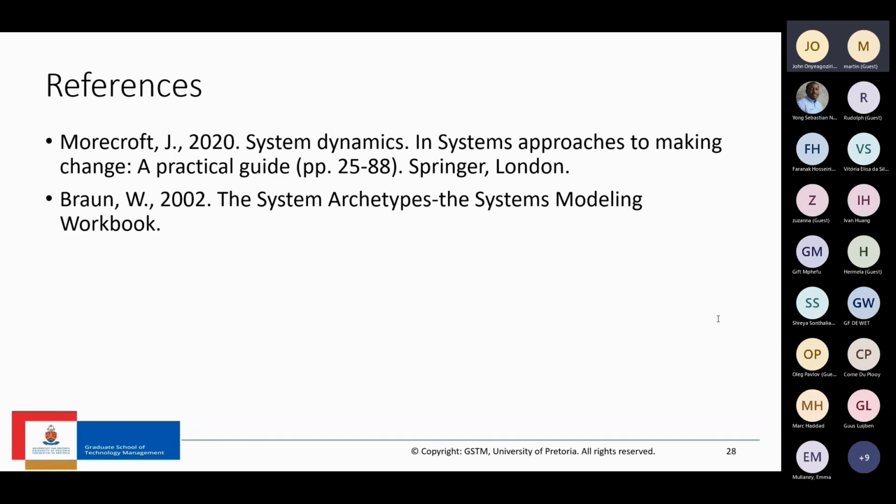So I wanted to ask, is qualitative system dynamics or the archetypes enough for a PhD study? Because most people I've interacted with have told me that no, this can't be enough for a PhD. You need to go down to quantitative and so on. If yes, how many should you use? Because I've published a paper where I only use one archetype, and the paper is out there. Somebody has also told me that using just one for your PhD is not enough. So I wanted to find out if they are wrong, or maybe I'm wrong about this idea.